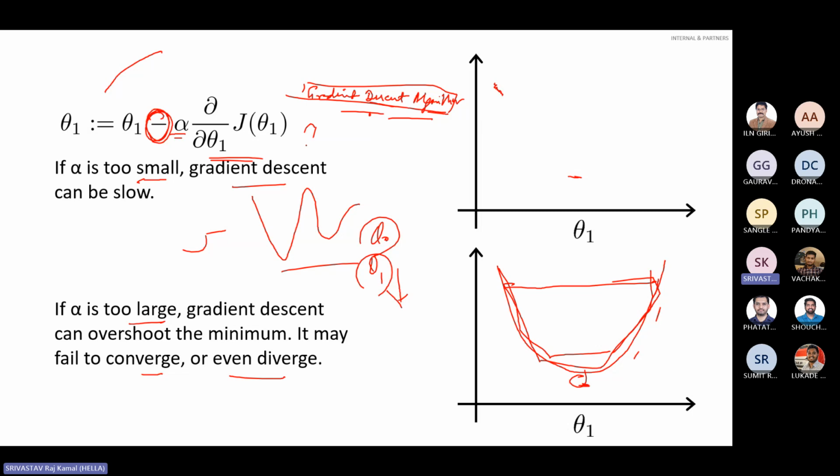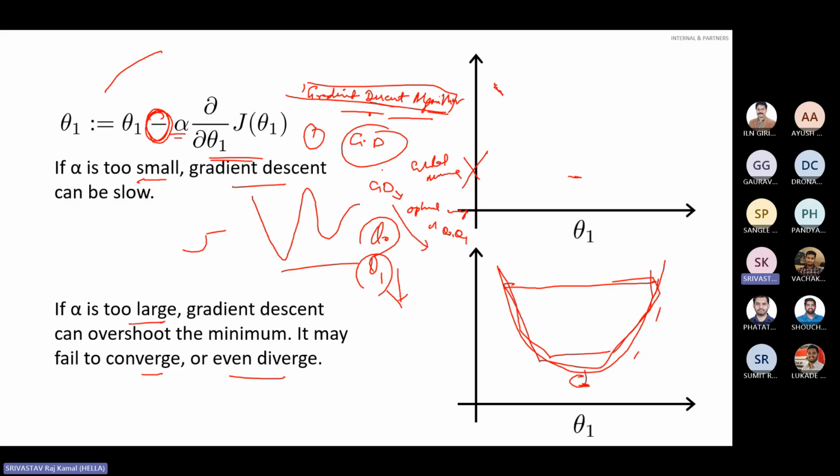Now a question again: does it suffice that we always reach the global minima? No. The gradient descent algorithm will help you find the optimal values of theta 0, theta 1 with a local minima.